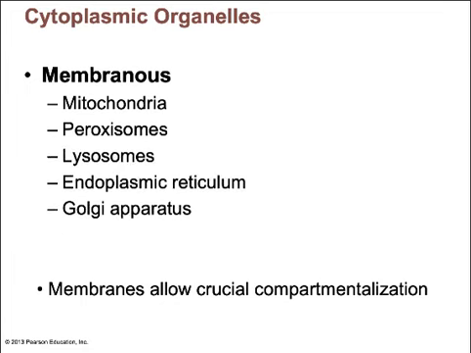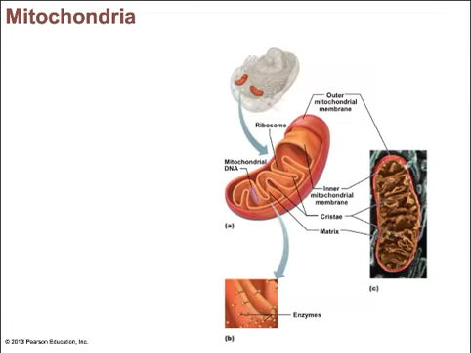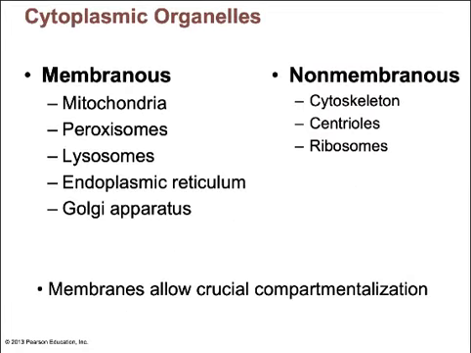The organelles inside the cell fall into one of two categories, either membranous or non-membranous. The membranous organelles have a membrane similar to the plasma membrane surrounding them, and the non-membranous organelles do not.